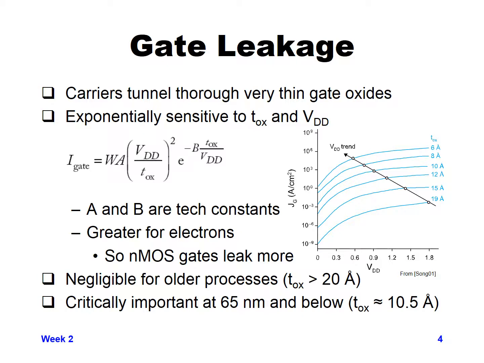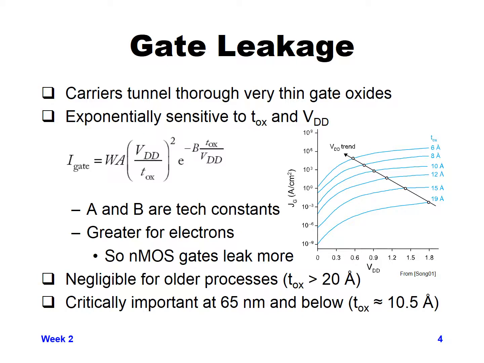So another thing to note is that the gate leakage was pretty negligible compared to all other factors, something that we almost didn't care about and almost couldn't measure in older processes where the oxide thickness was greater than 10 angstroms.